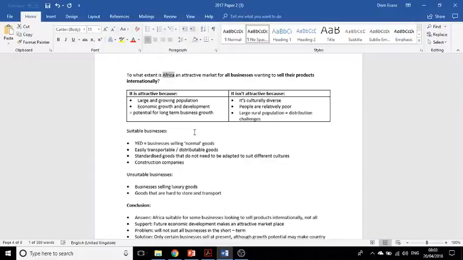You've got countries like Zambia that are exporting a lot of copper, and then you've got some countries like the Democratic Republic of Congo, which is war-torn. And you've got countries like Nigeria that sells oil. You've got countries in the north like Egypt, Tunisia, Morocco, which have been holiday destinations for people and are very different from those countries in the south of Africa.